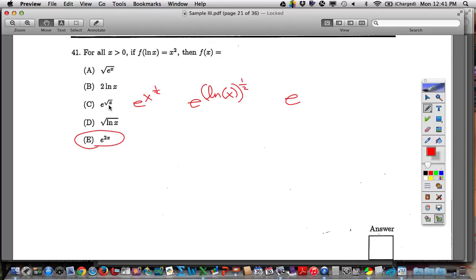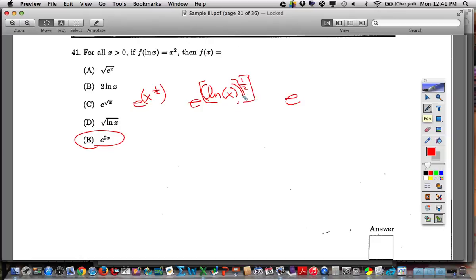So this would be, wait a minute. Whoops. I want to make sure I'm doing this right. This is x to the 1/2. So this is e, where's the parentheses? The parentheses will be here, right?